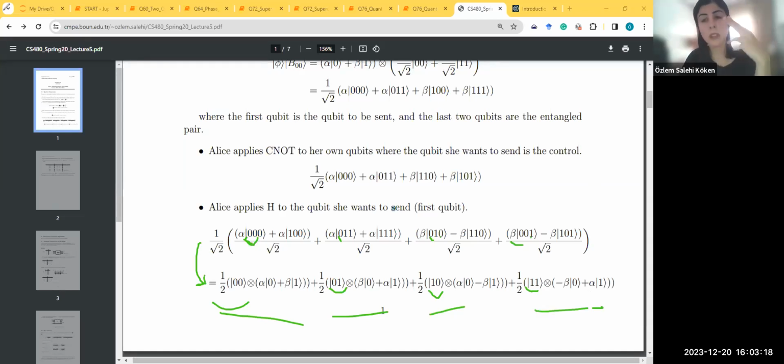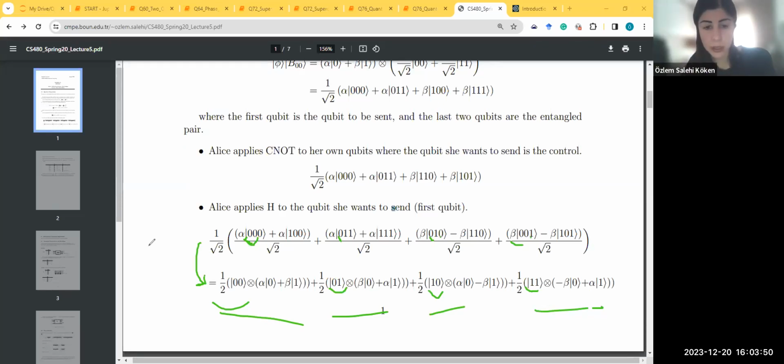Asya's two qubits are an equal superposition of all four possible states. Any questions about this? No? Okay.